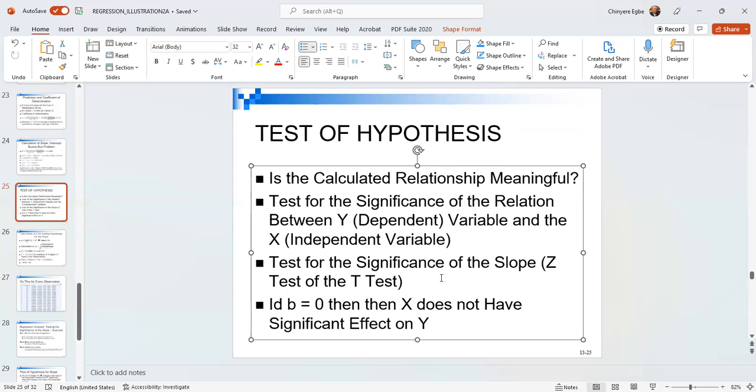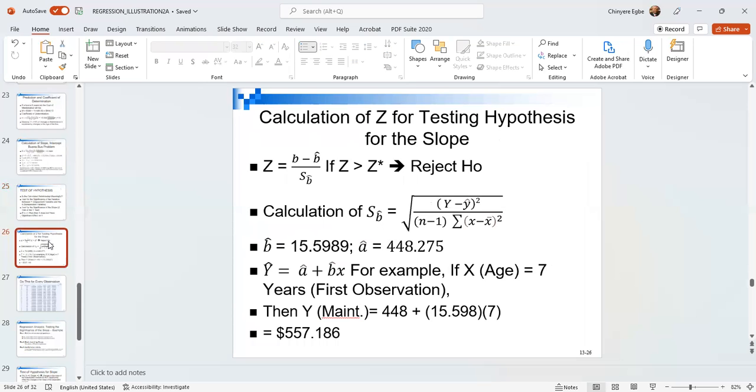If B is 0, okay? That is to say, if the regression line is flat, then there's no relationship, okay? All right.